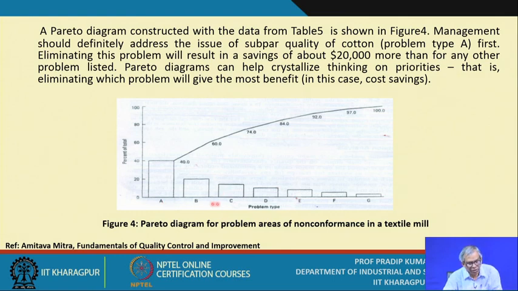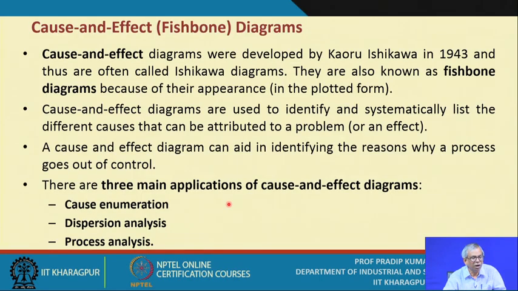So the first 3 causes contribute maybe 75% of the total. So the first 3 causes become very, very critical, and you have to think of ways and means to remove these 3 causes. So this is the basic idea. And cause and effect diagram.